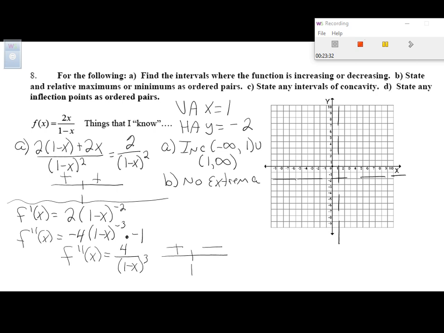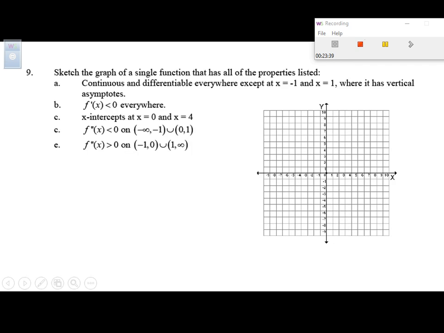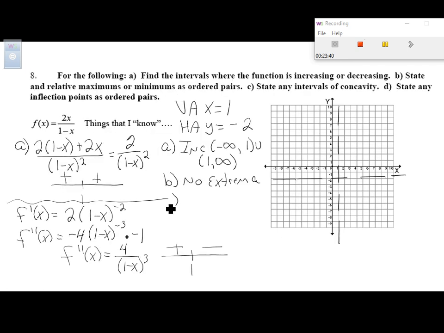So for my part C, I know that I'm concave up from -infinity to 1 and concave down from 1 to infinity.